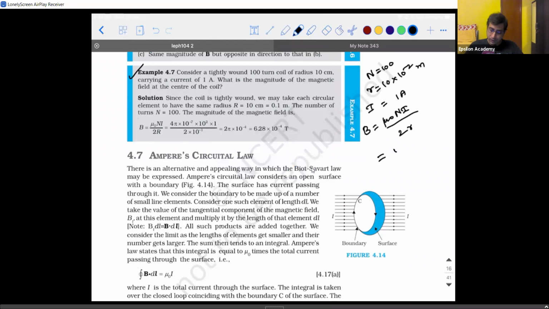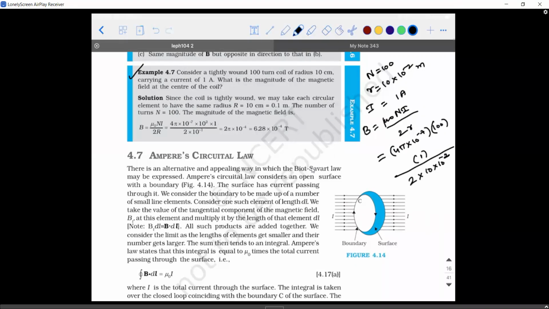Mu naught is 4 pi into 10 power minus 7. N is 100, I is 1 ampere, divided by 2 into R, which is 10 into 10 power minus 2 meter. When you solve this, you are going to get the answer in Tesla. Am I clear? Yes, sure, sir.